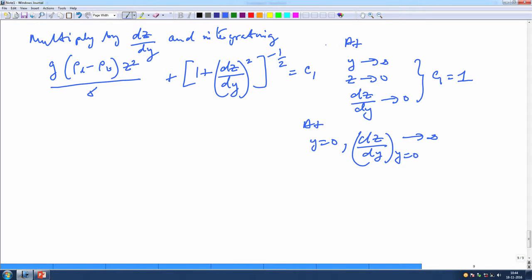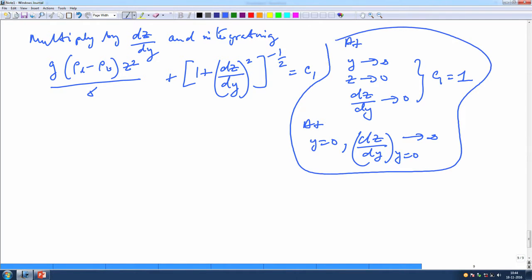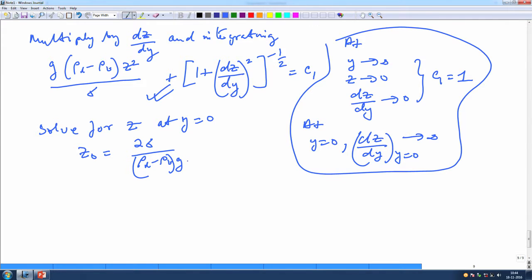So, using these two boundary conditions and this expression, we solve for z at y equal to 0. That means, what is the rise, z naught. So, z naught is given by (2 sigma by (rho_L minus rho_V) g) raised to the power of half.